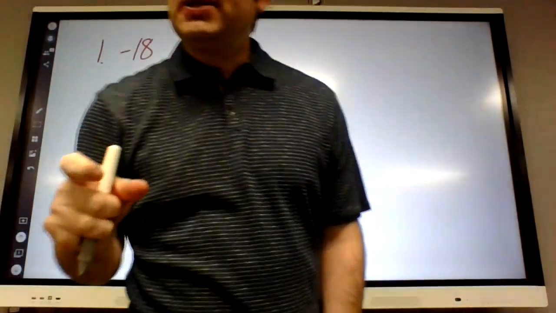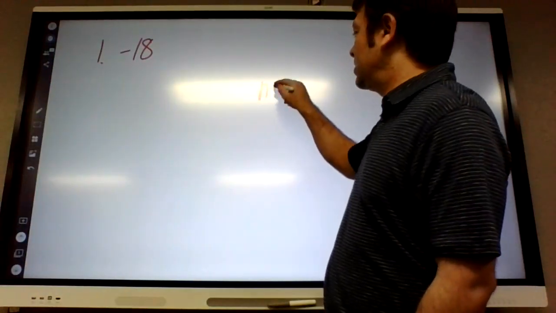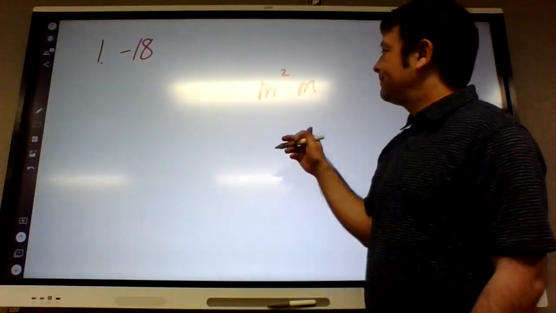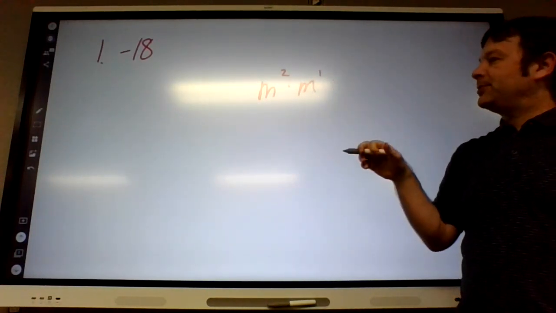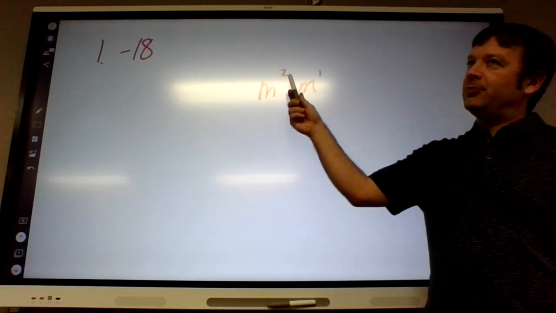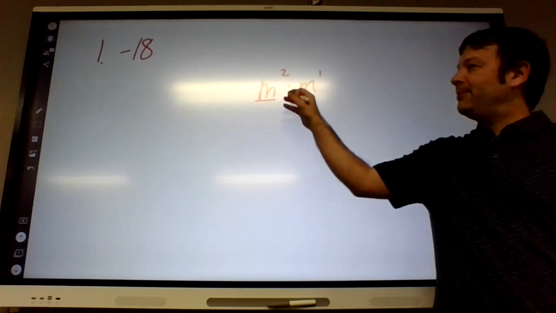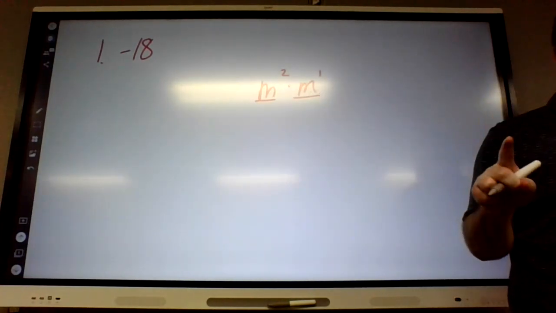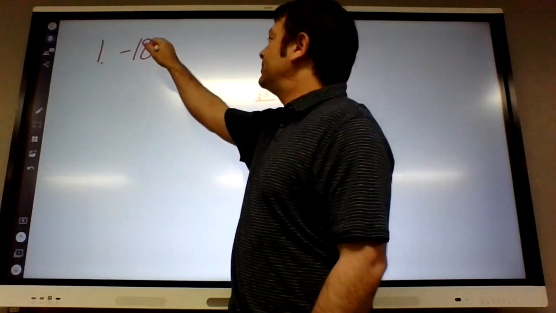Now here's the important part. What is m to the second times m? The m means there's m to the 1, one of them. So when you multiply these together, how many m's are we multiplying together? 3. When you multiply the same base, you add their exponents. So this will be m to the third.